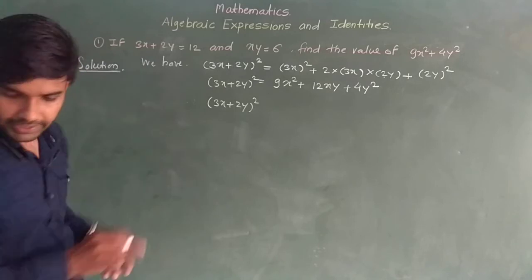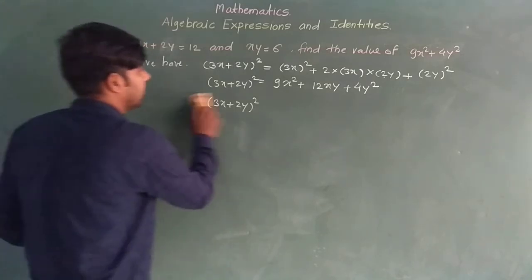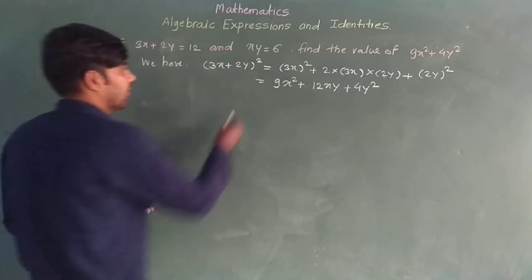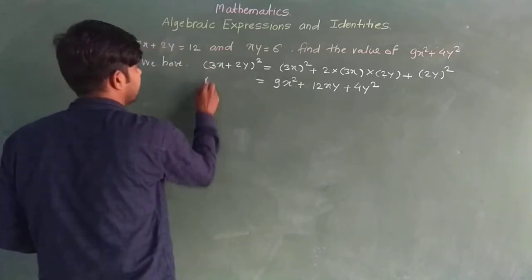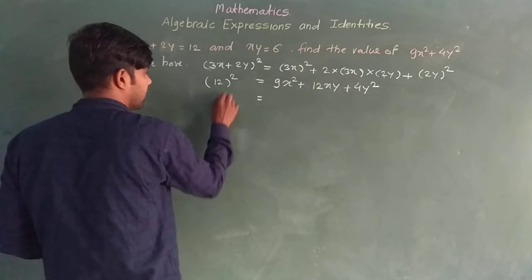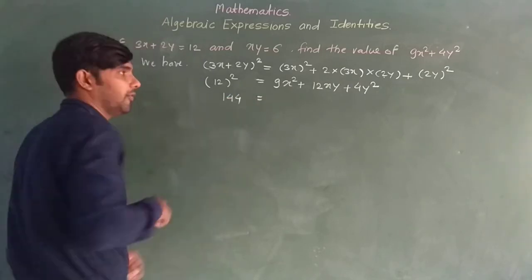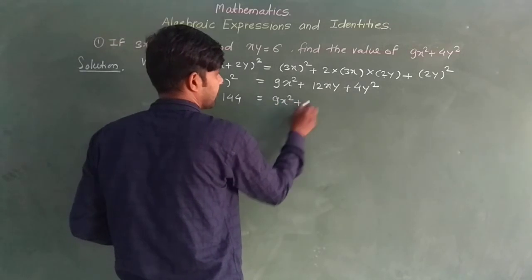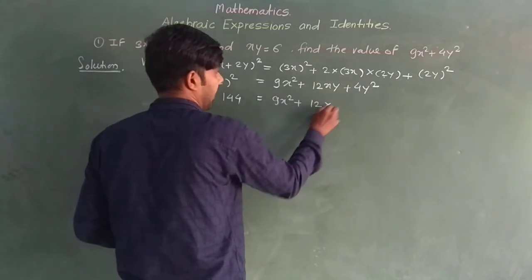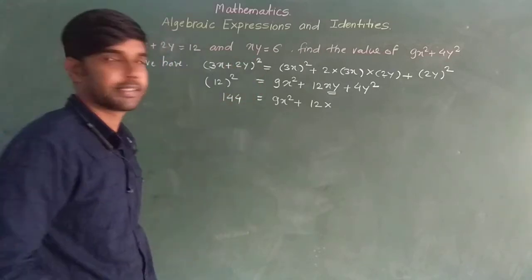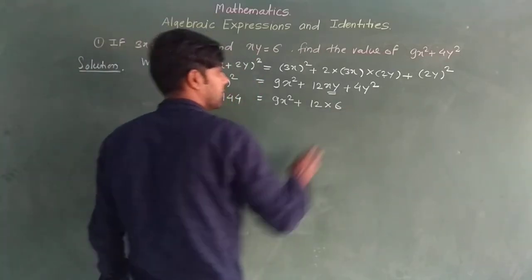So directly we can write here the values of this. You can write the values at the last step or in the second step also. So 12 square is equal to 144, and 9x square plus 12 multiplied by the value of xy, which is given as 6.